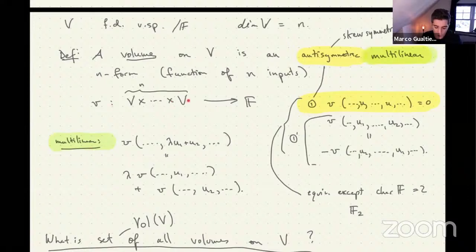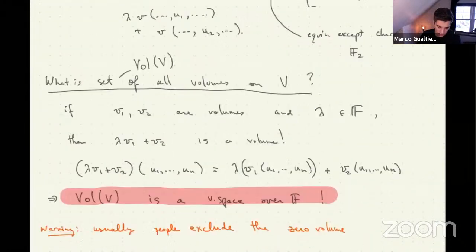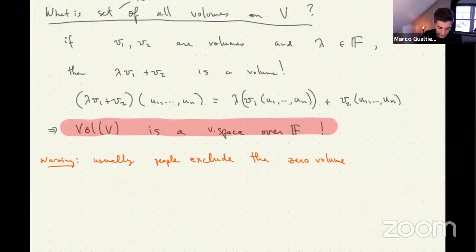So the zero function, which takes any n tuple to zero, that is a volume. Okay, and that zero is the zero of this vector space. So you could say that the volumes are the whole vector space, or you could say that really it's the non-zero elements in the vector space.